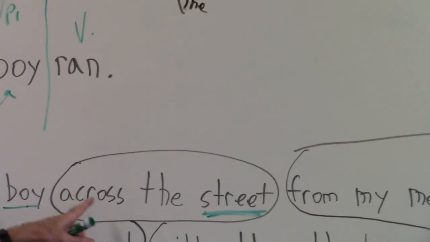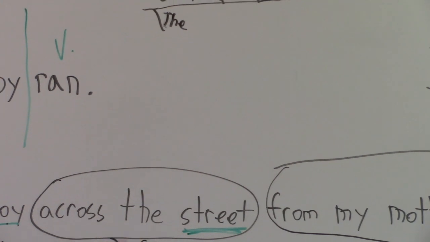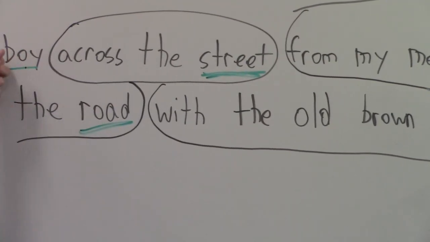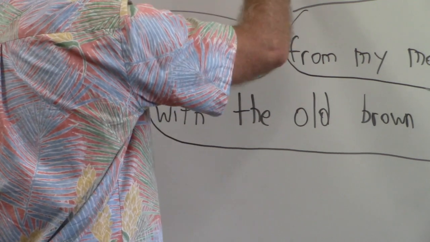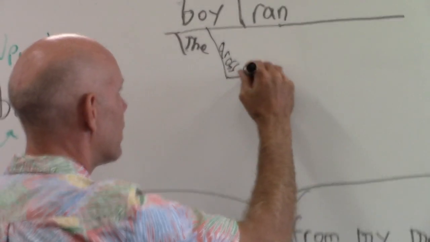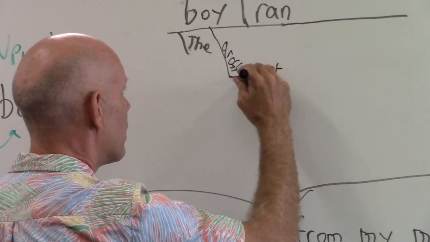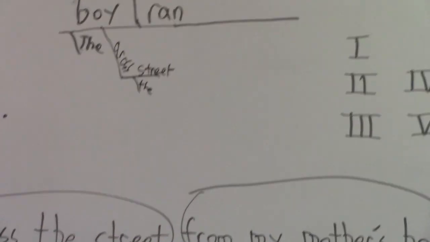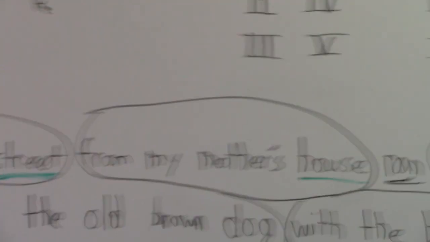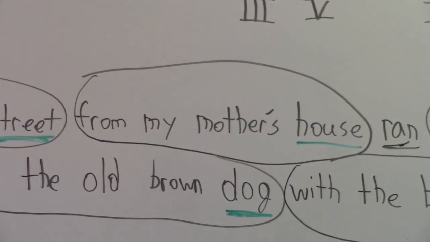Now, is this modifying ran, how he ran? Or is it telling us which boy? It's telling you which boy. So it's adjectival. Which boy is it? The boy across the street. All right. From my mother's house. Okay. Is this modifying the boy or how he ran?